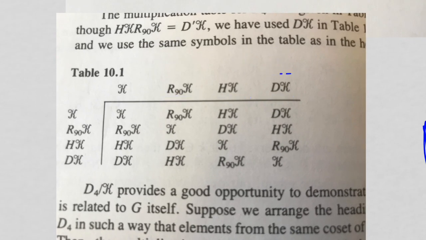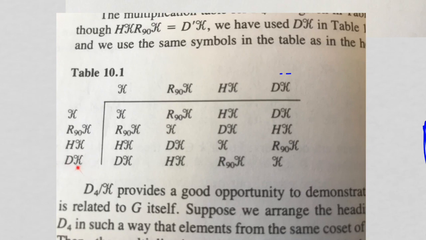So now, if I take those cosets and treat them as group elements, I can create a group operation table where the rule for multiplication is that the elements of this coset, when multiplied by any element in this coset, will produce an element in that coset.